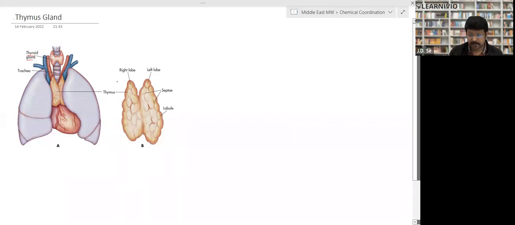Let me explain the functions. Thyroid gland is done. The parathyroid.